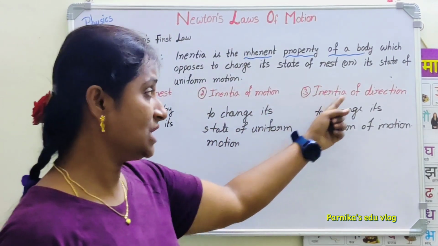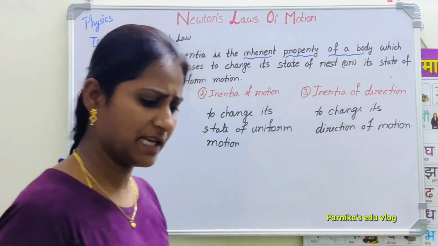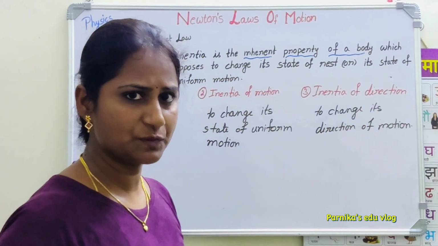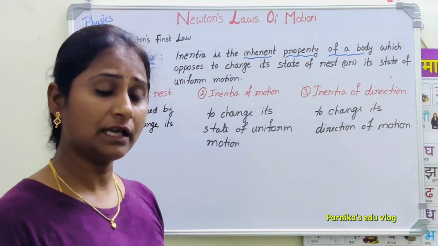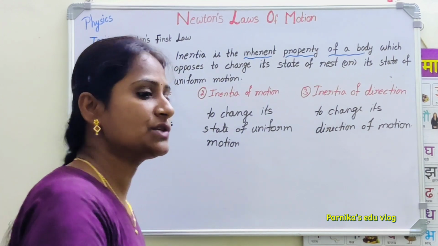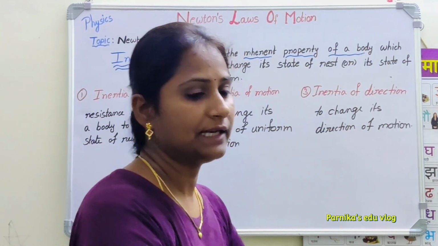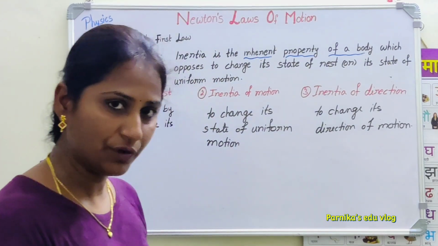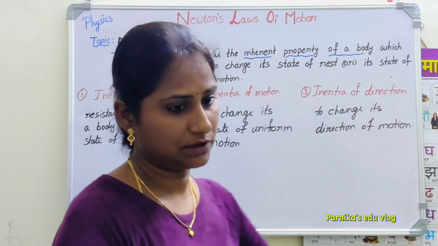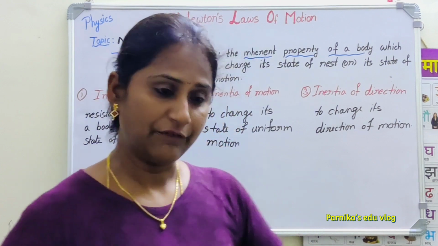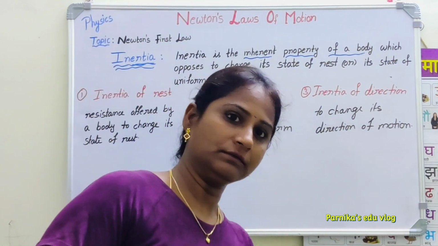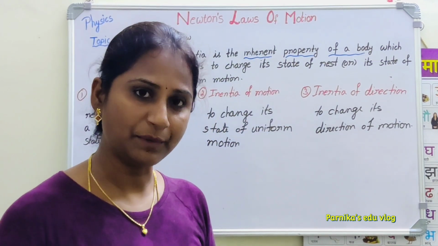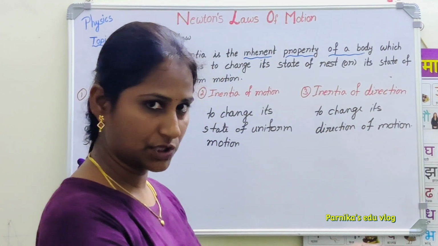Okay. Now, an inertia of direction example. In the same bus, now you are going with uniform speed, no? In the third case, when you want to change the direction, you want to go to the left side, then how will you do it? The driver will turn like this, right? So your body will feel like bending sideways, right? Why? Because previously you were going on a straight path.